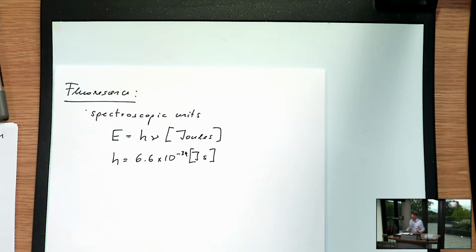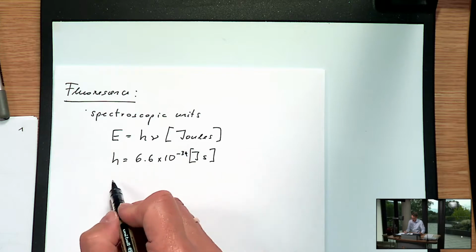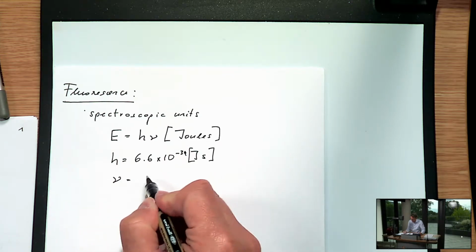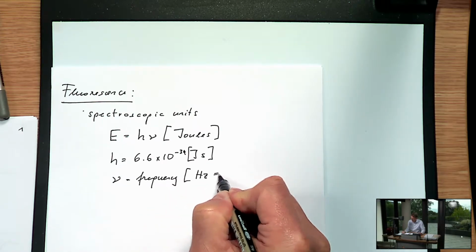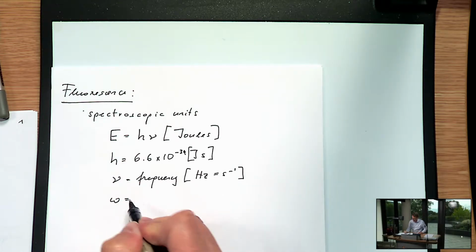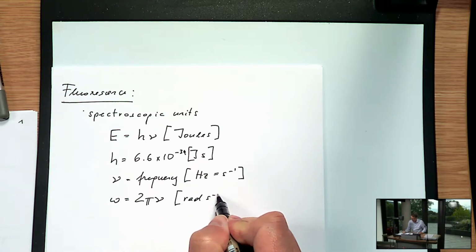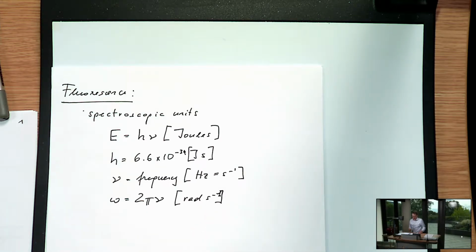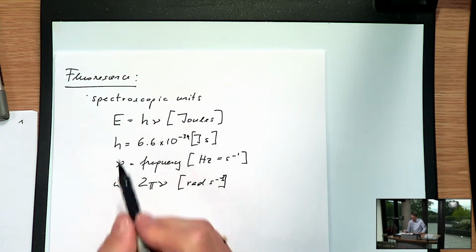Hertz is per second, per hertz is second, so joule second is the unit. So you see it's a tiny number because a single photon has a tiny energy. And nu is the frequency of light, and the frequency is in hertz, or in per seconds, the units. We have already seen the angular frequency is 2 pi times nu in radians per second, and that allows us to rewrite this equation up here as follows.